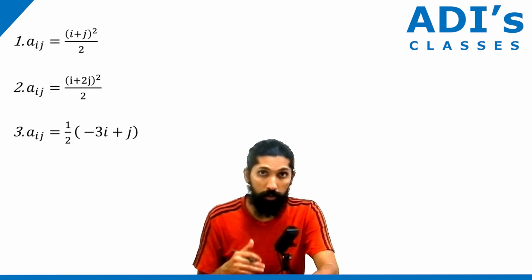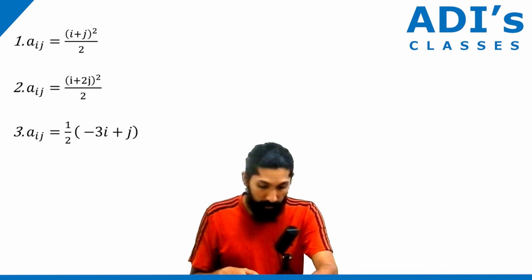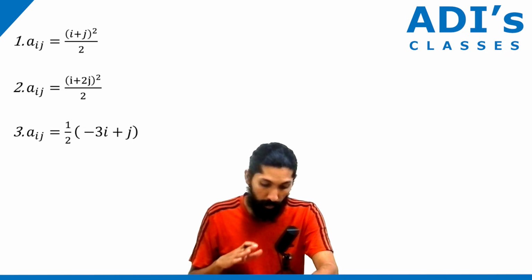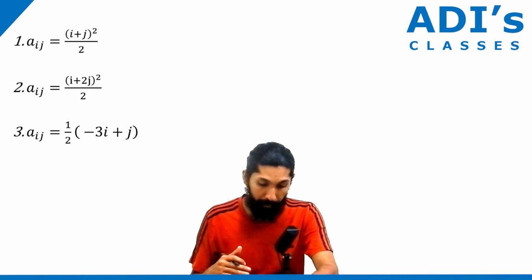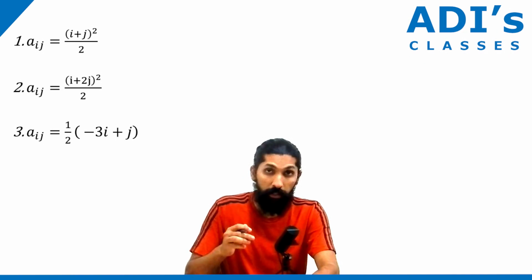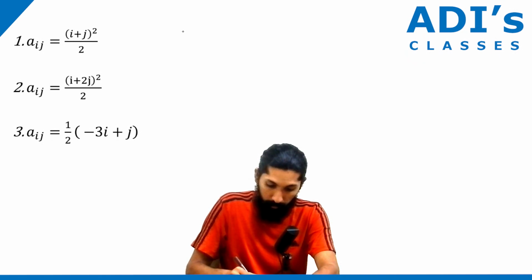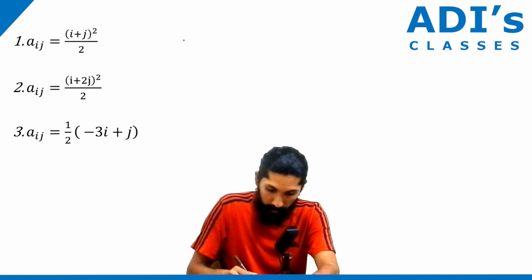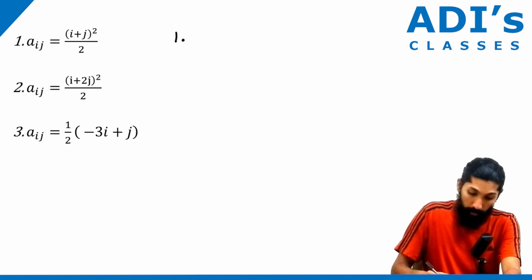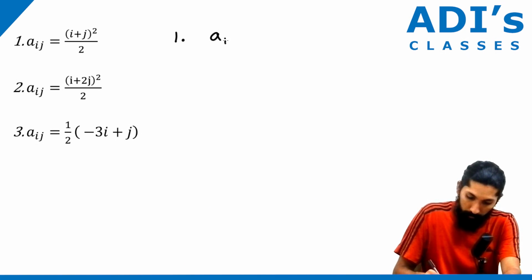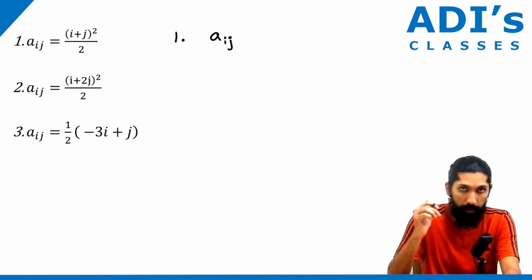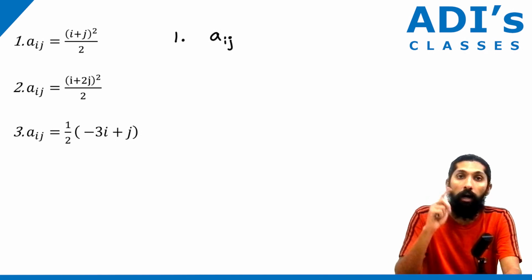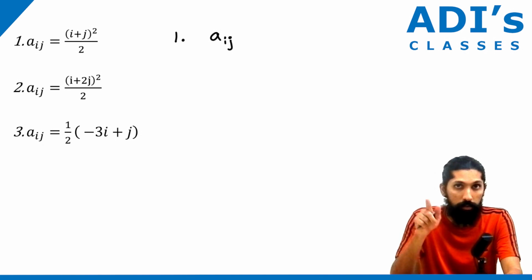Let me show how to solve this one. The first one says aij is equal to (i plus j) whole square divided by 2. Now, a 3 cross 3 matrix, so let's start with the first one. Whenever we talk about aij, i is the row, j is the column: ith row and jth column.